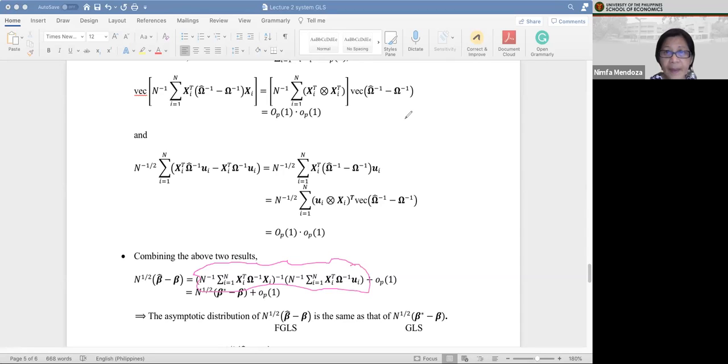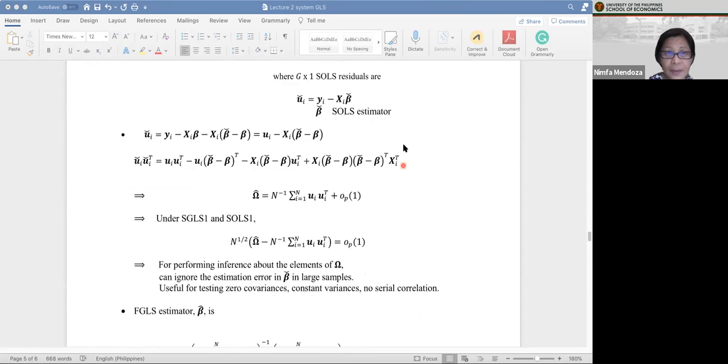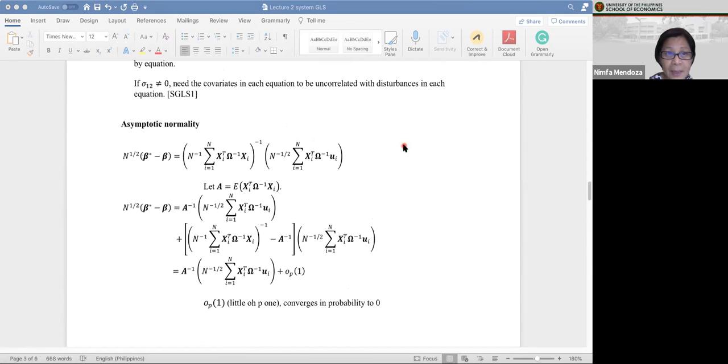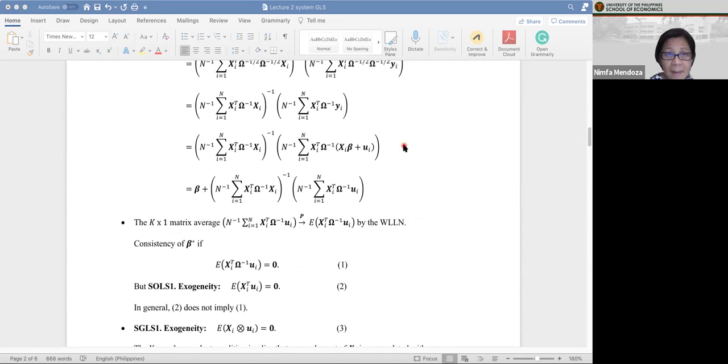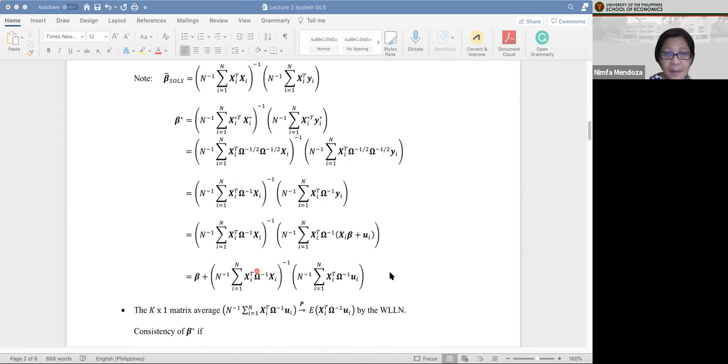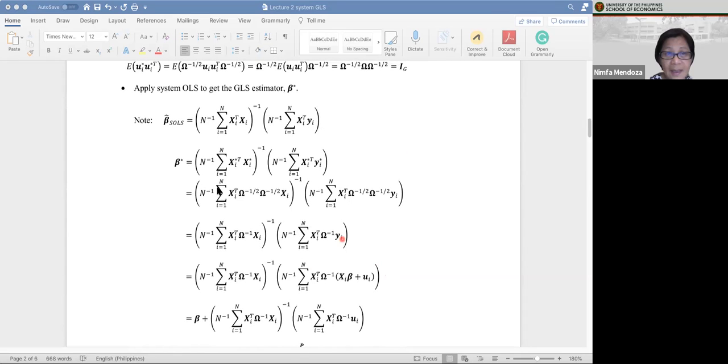But that is also, if you look earlier, you have n to the minus 1/2 beta hat minus beta. If you get this, beta star minus beta, you also get this.